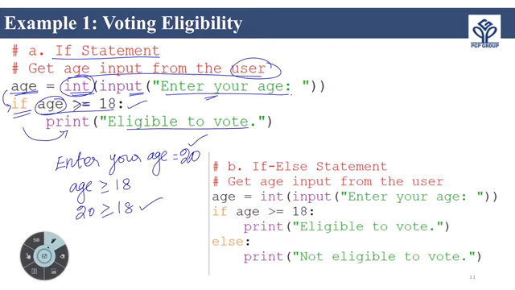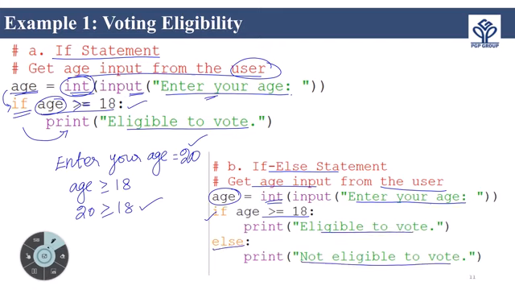Clear? Then the second one, the if else statement. Same as before, get the age input from the user. We are assigning age is equal to the integer data type of input, enter your age. To check the condition, age greater than or equal to 18, print eligible to vote, otherwise else prints not eligible to vote.